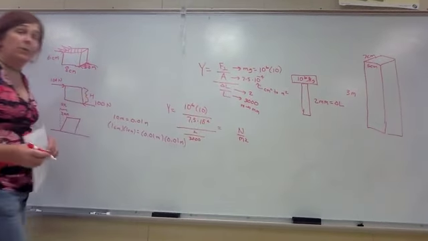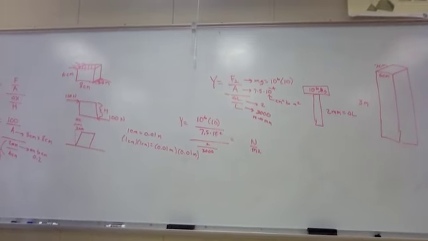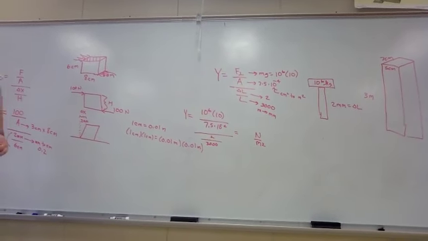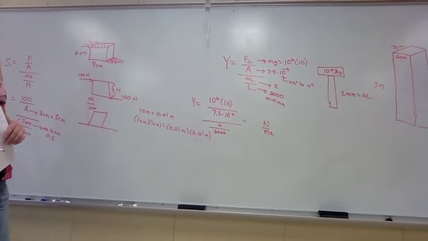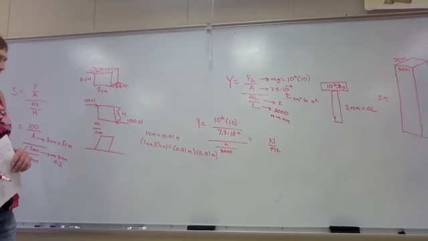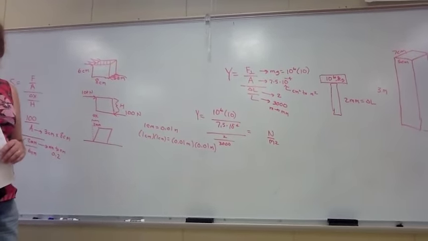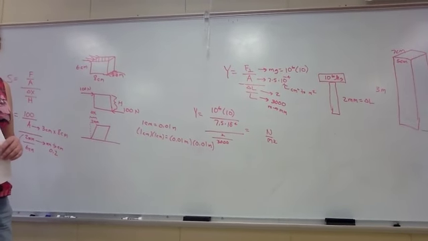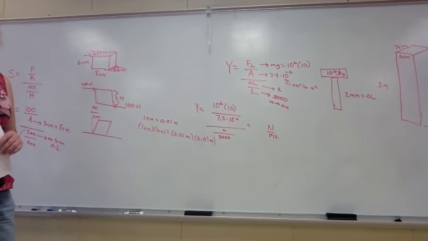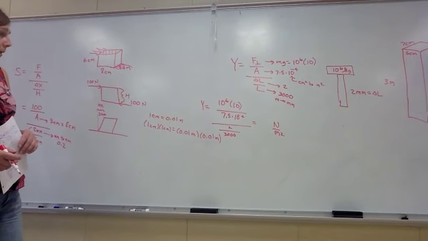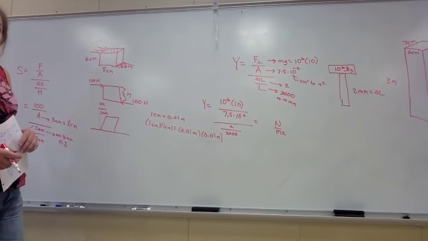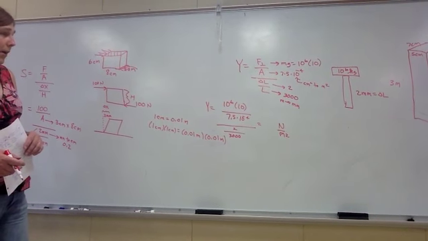Does somebody have a result for this? Did somebody punch it in? Is it going to be a giant number? It should be on the order of 10 to the 6 or greater. Sometimes a bit less, but a lot of materials have really, really large numbers. Student: 4.3, times 10 to the 13.